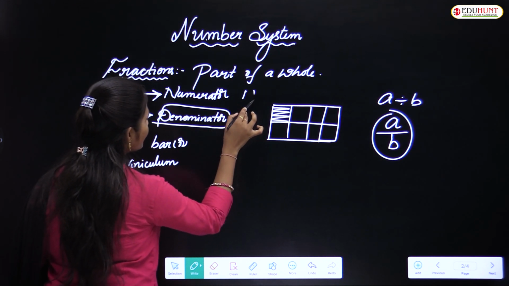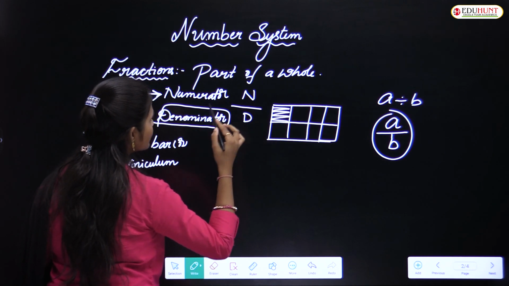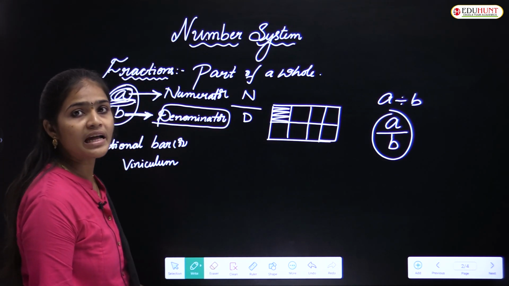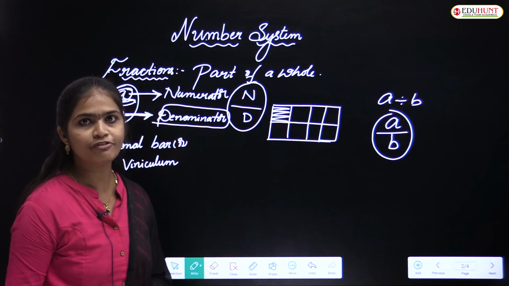We can represent the numerator with N and the denominator with D. So a fraction is in the form of N by D, or A by B.